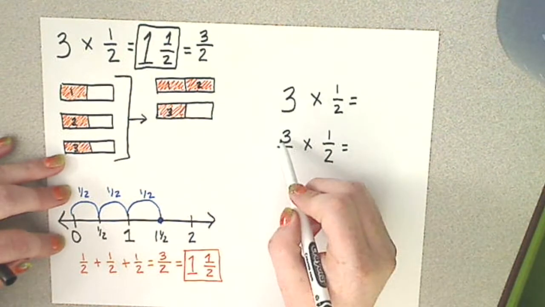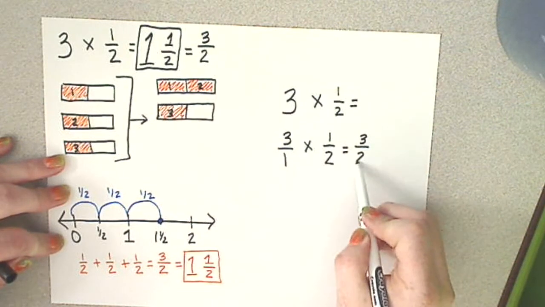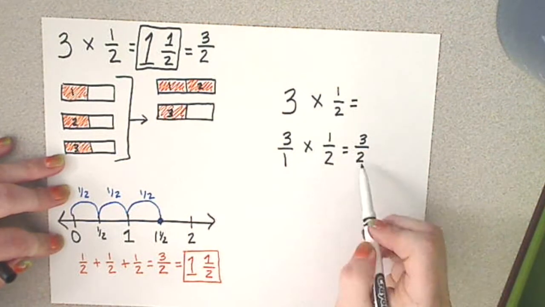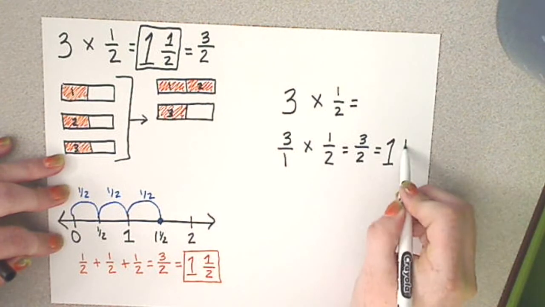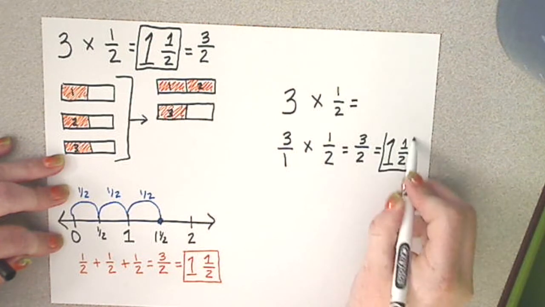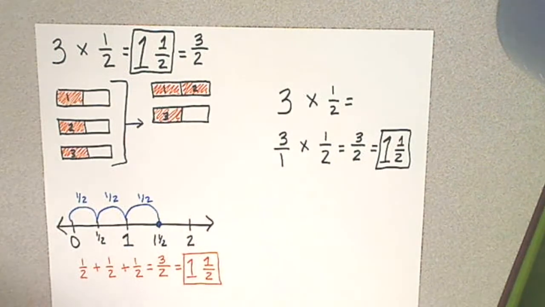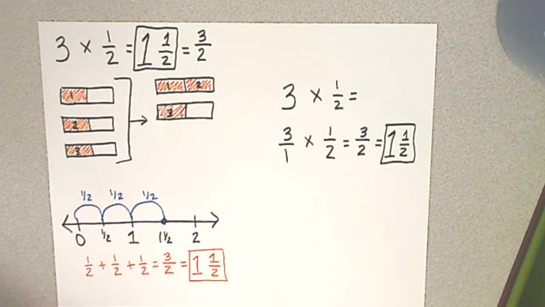You just multiply across. 3 times 1 is 3. 1 times 2 is 2. So 3 halves is the same as 1 and 1/2. So there's the 3 different ways that we can prove 3 times 1/2 equals 1 and 1/2. All right, let's take a look at our next example.